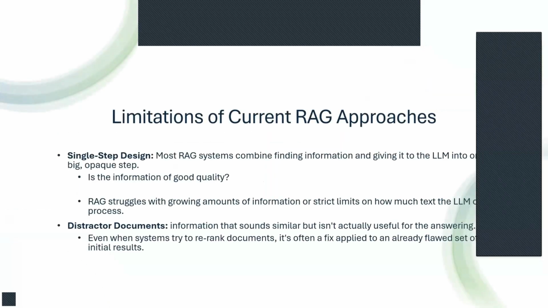This is because most RAG systems use a single step design, which is they find the most relevant information and put it right into the prompt. RAG also struggles with growing amounts of information.